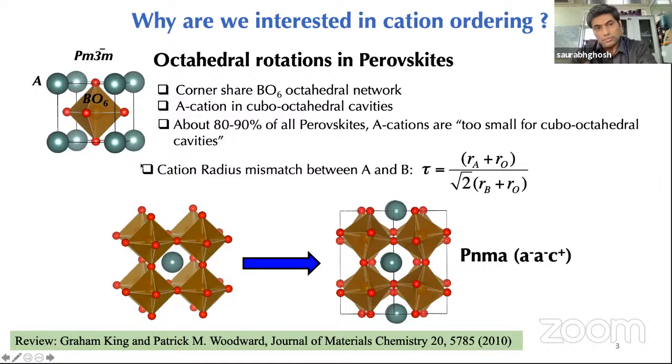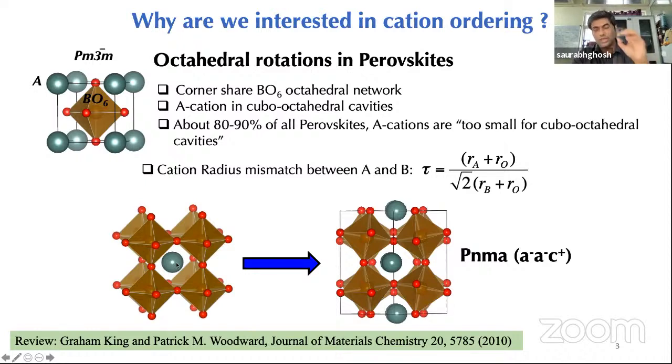Now, if we change the relative size between A and B, then these octahedra are going to tilt and rotate. Because the A cation is in cuboctahedral positions, if you keep increasing the size of the A cation, then these octahedra are going to be very rigid.